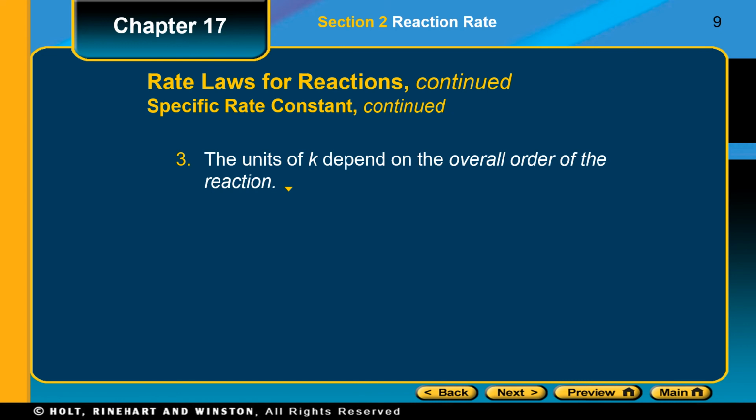This is the part that's maybe a little bit confusing for some students. Up till now, when we had a constant, it had always the same units. Well, in this particular situation, the units for K depend on the overall order of the reaction. So we have to look at one of these rate laws to be able to figure out what the units are going to be.